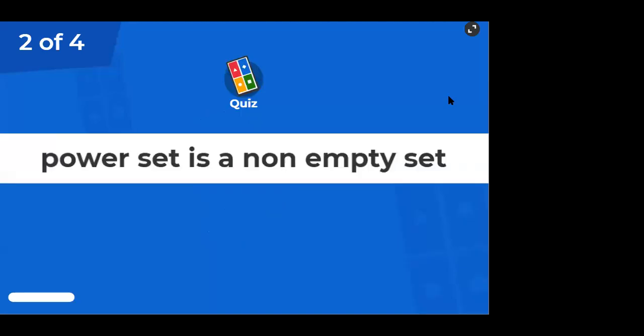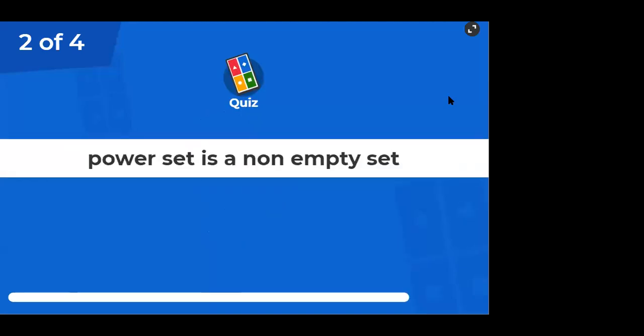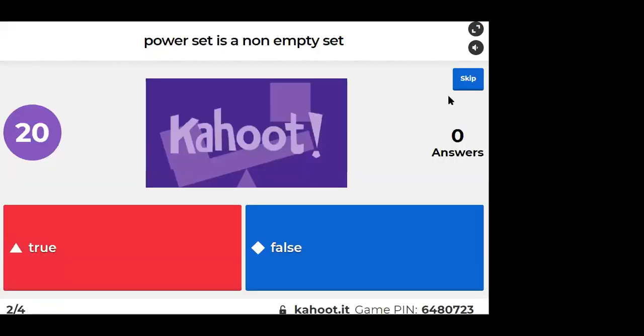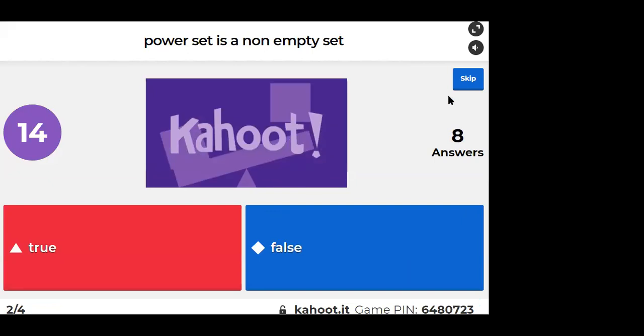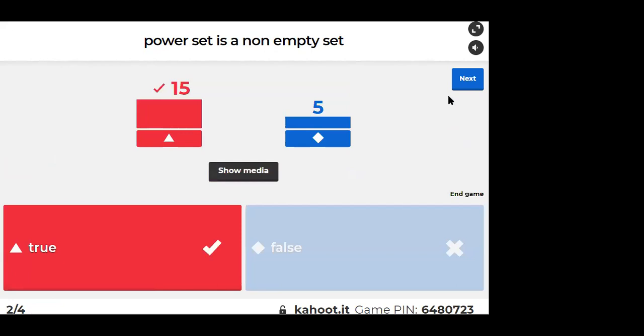Next. Power set is a non-empty set. True, right? It is true.